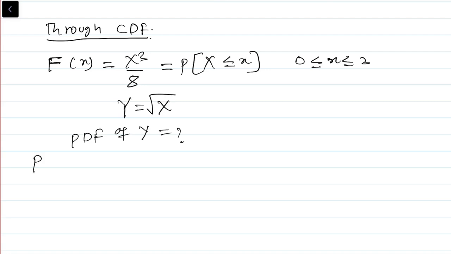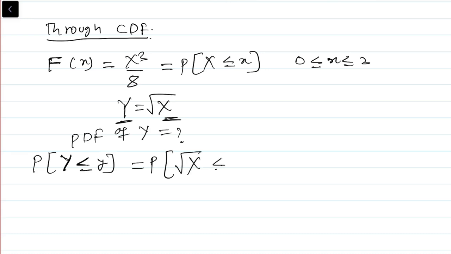So we know the CDF of y is simply P(Y less than or equal to y), right? Now these are random variables, so we can replace Y with square root X. So this is square root X less than or equal to y.